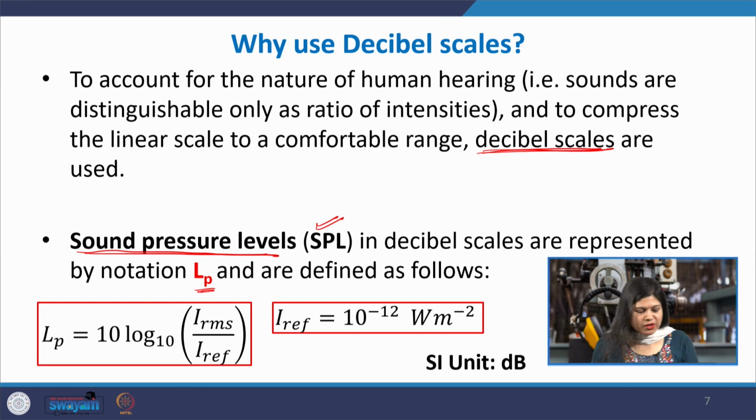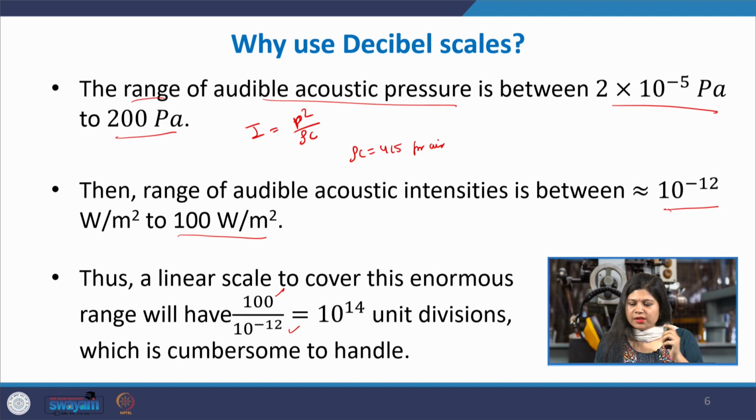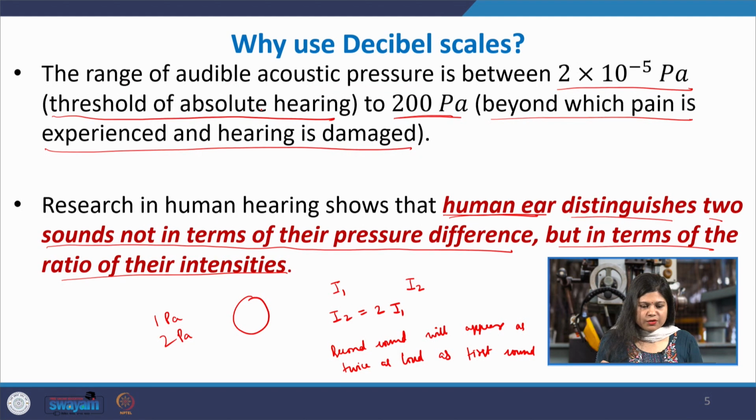So, the sound pressure level is given as 10 log 10 of I RMS by I reference. What we are doing is taking the reference intensity. And what is that reference intensity? It is the intensity which is minimum audible, which corresponds to the threshold of absolute hearing.